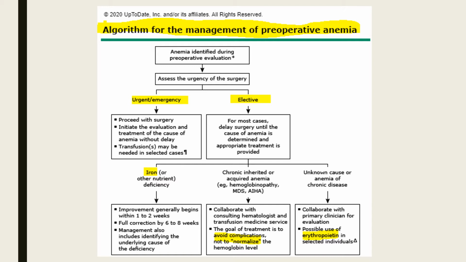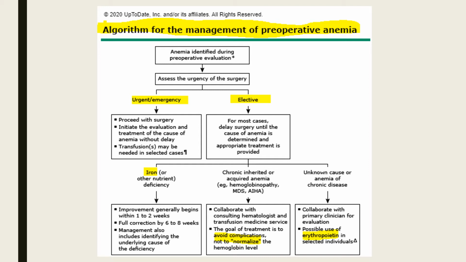For patients with iron deficiency, the effect of iron treatment will be seen after 6 to 8 weeks. Management will include identifying the cause of iron deficiency. For anemia due to an inherited condition, the surgeon may collaborate with a hematologist or transfusion medicine service for further management.